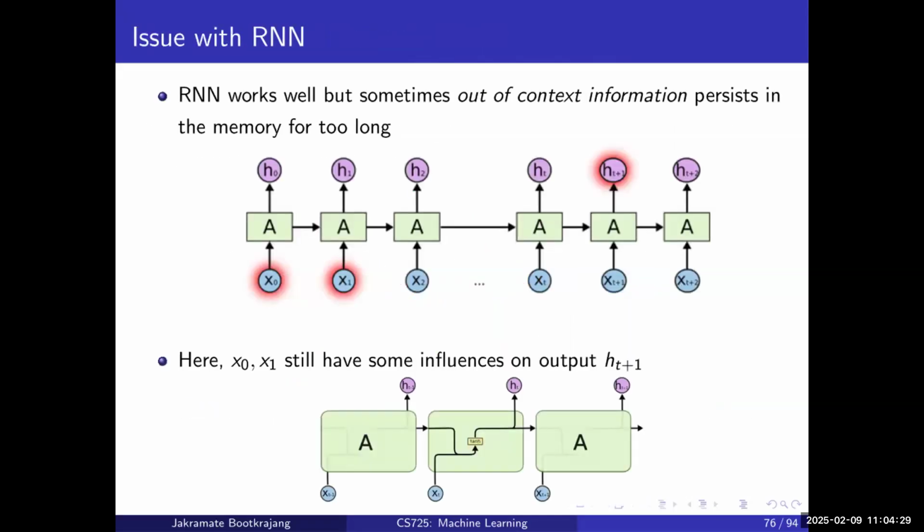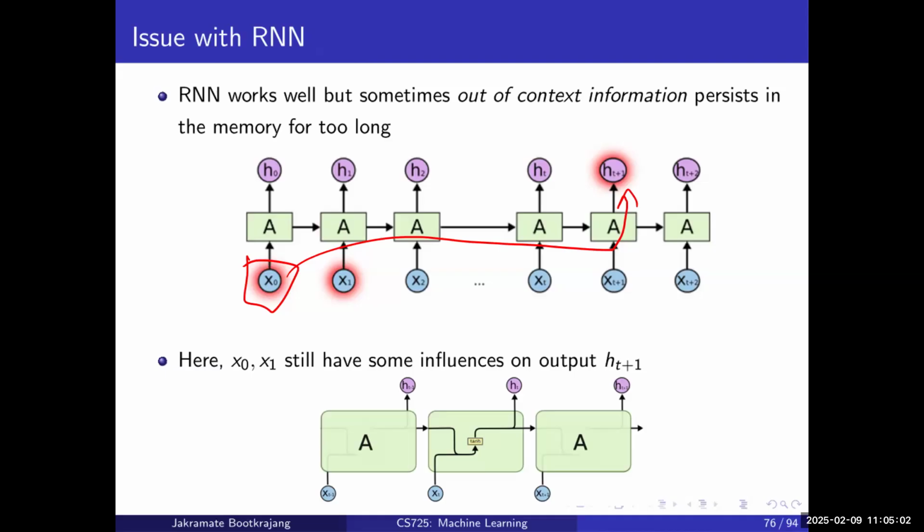Now, one issue with the typical RNN is that when you have a long sequence of data, if you keep passing through information, some old information still persists, right? For example, this X0 might have some influence at the time H3 plus 1, right?